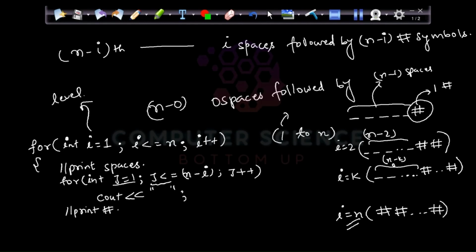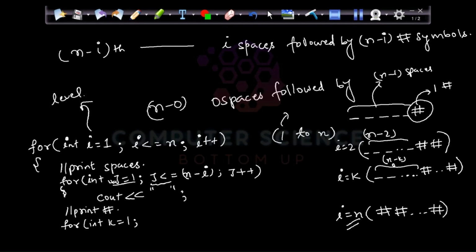For int k is equal to 1. I could choose int j is equal to 1 here also, because the scope of this j is within this for loop only, so no problem.